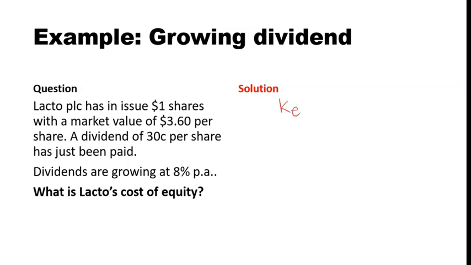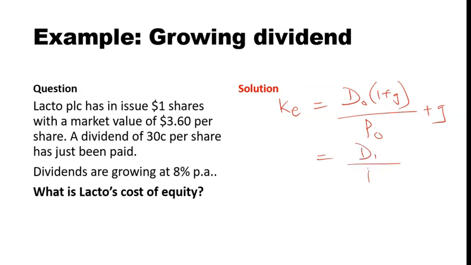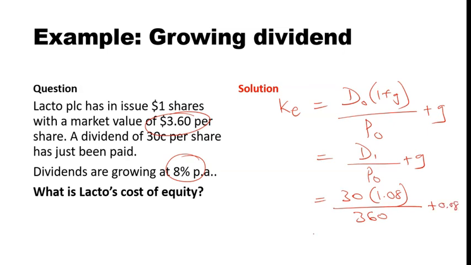So we know that our KE is equal to D0 (1 plus G) over P0 plus G, and this comes to D1 over P0 plus G. We say that D1 is the current dividend, which is 30, multiplied by 1 plus G. We are told that the dividends are growing at 8%, that's the G, so 1.08, over the share price, the market value of the share, which is 360, then plus 0.08, which is the G there.